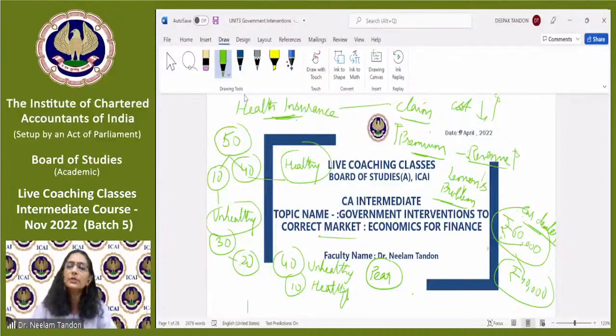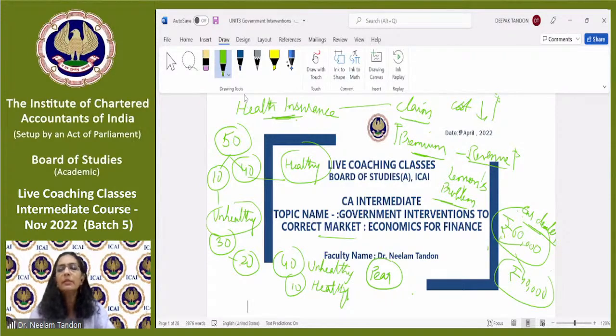The car dealer doesn't know the risk of buying, or cannot differentiate between a good car and a bad car. The health insurance company cannot differentiate between a healthy and not healthy person, and they go for fixing a higher premium. That's the lemons problem.